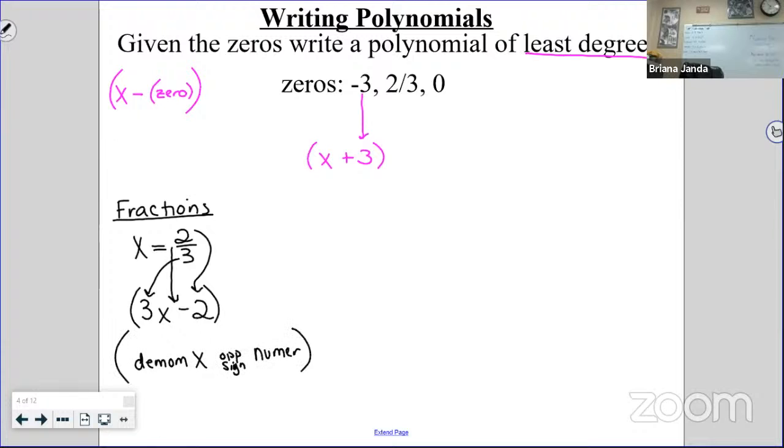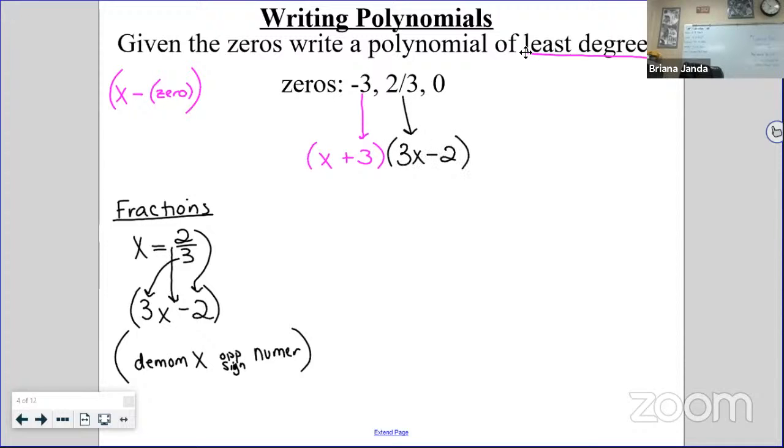Right, there's your factor. Denominator goes in front of x, whatever your opposite sign is, numerator goes after when we are moving from a fraction to a factor. So doing that here, that 2/3, which we just did all of that work over here, would go to being 3x minus 2.